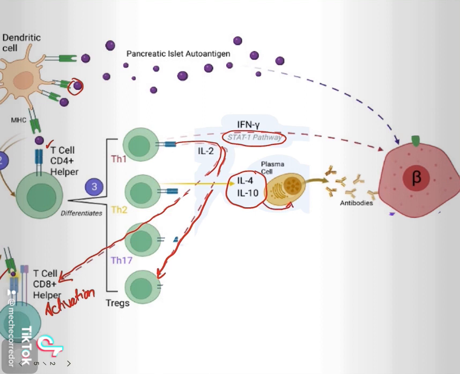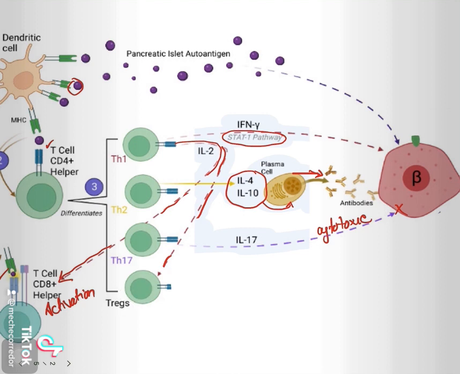So IL-4 and IL-10 activate the plasma cell, and the plasma cell secretes the antibodies, and these are targeted towards beta cells and their destruction. Now Th17 cells produce IL-17, which are also part of this cytotoxic cascade that enhances the destruction of beta cells.